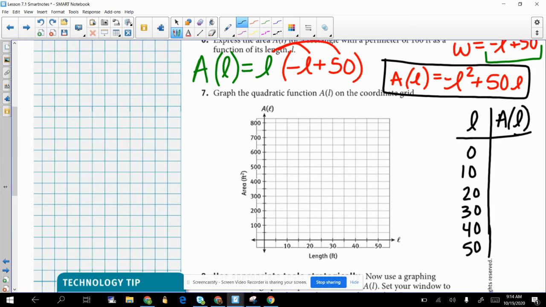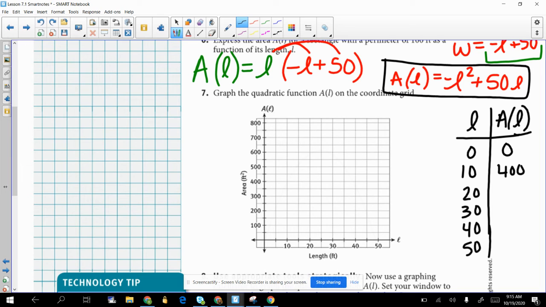And when you do that, if you plug in 0 here, you're going to get negative 0 squared plus 50 times 0, which is 0. Negative 10 squared is 100, plus 50 times 10 is going to give you 400.